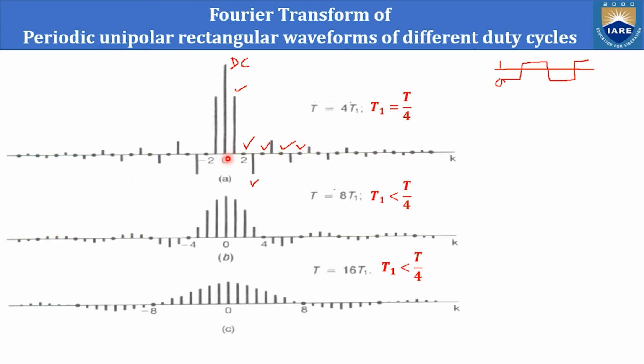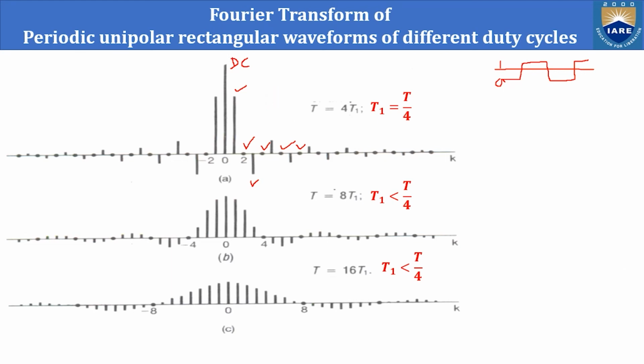Then I have the first harmonic at this point, that is 2 pi A1 I can call this, and I have third here, fifth here, seventh here, like that.